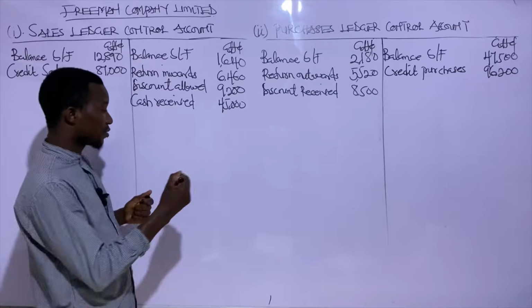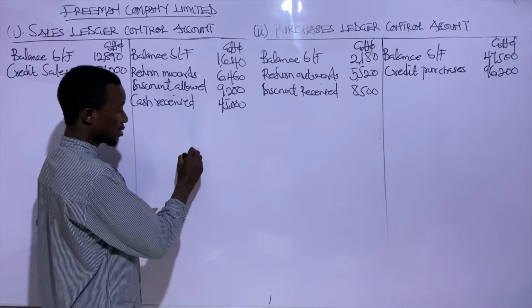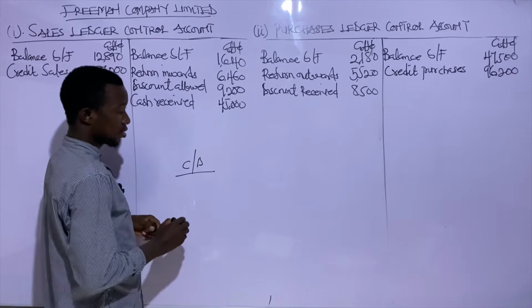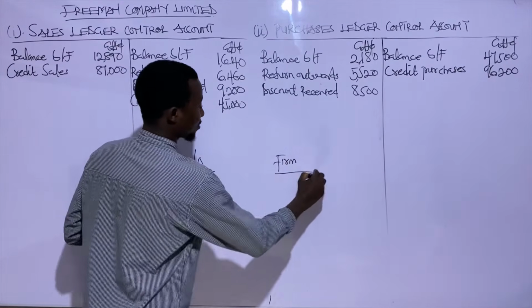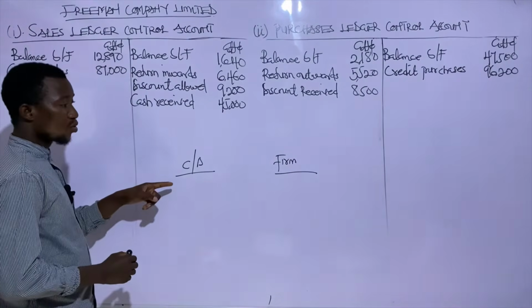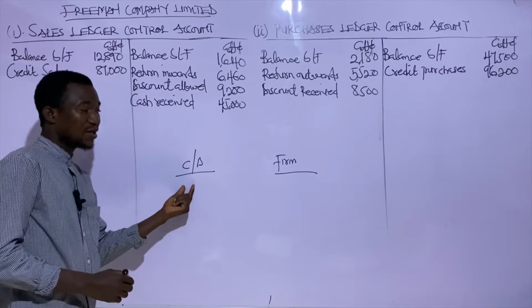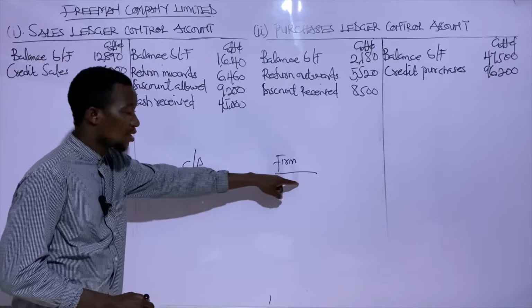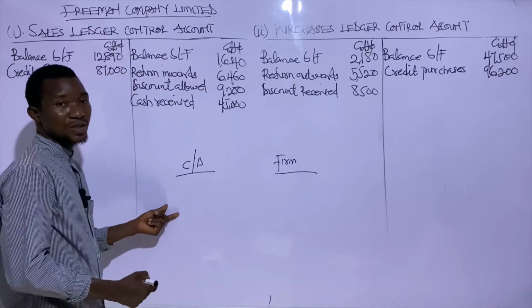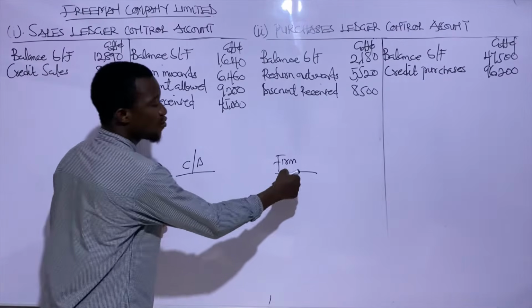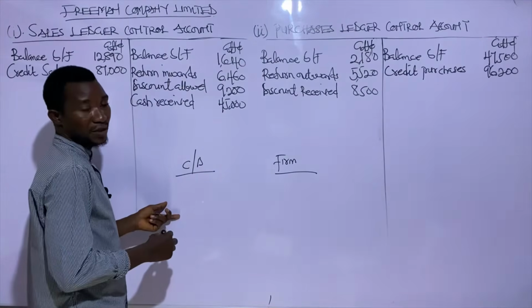Listen and listen good. The customer is the same as the debtor. This is a firm or business. So when customers or debtors return goods to the firm, they attach a document or note called a debit note, and this debit note is received by the firm.